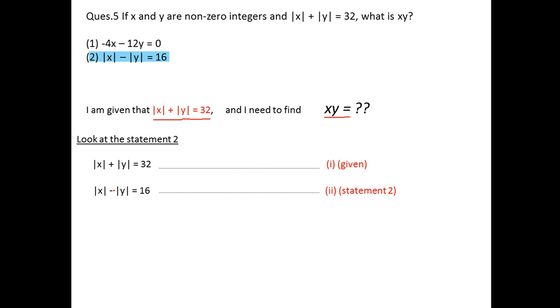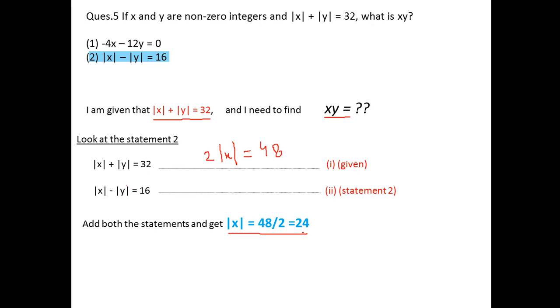Simply add these two equations. |y| and minus |y| would be cancelled, and I will get twice |x| is equal to 48, 32 plus 16, or |x| is equal to 48 by 2, that is 24.